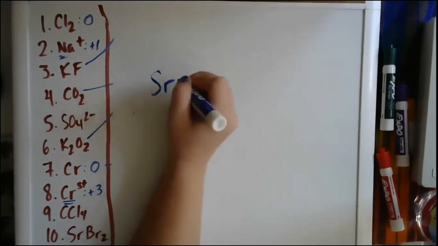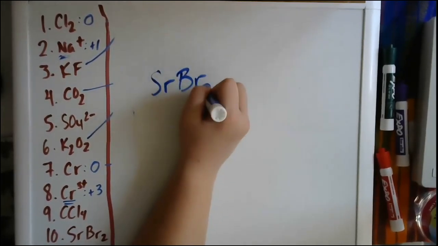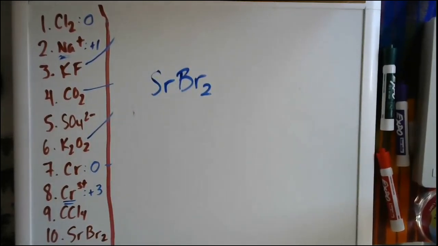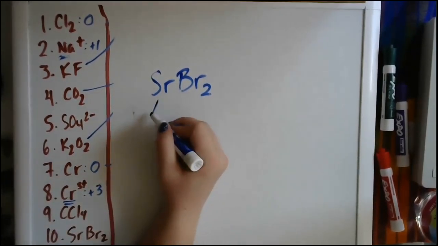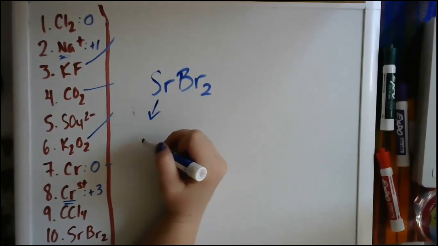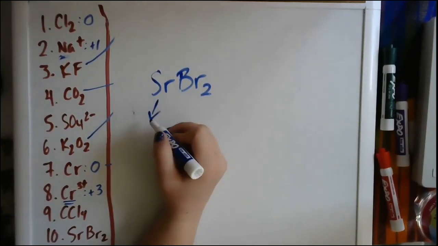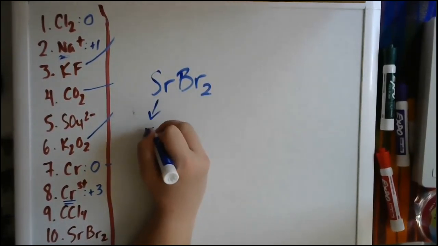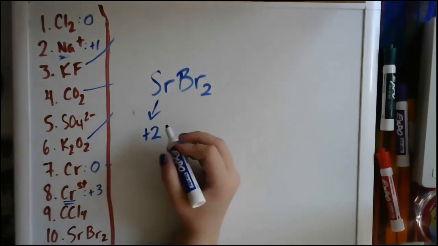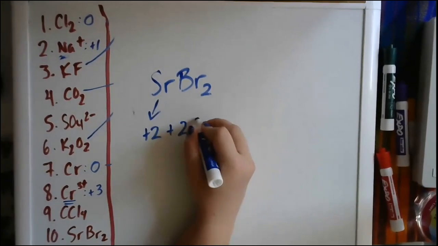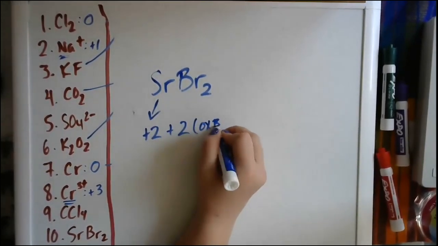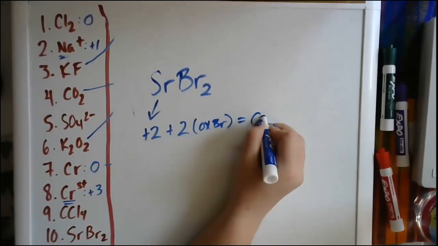In this case, when we're comparing these two things, we're going to focus on the strontium first because it's a group 2 metal. Group 2 metals are all going to have an oxidation state of +2. So the oxidation state of strontium plus 2 times the oxidation state of bromine is going to equal 0.